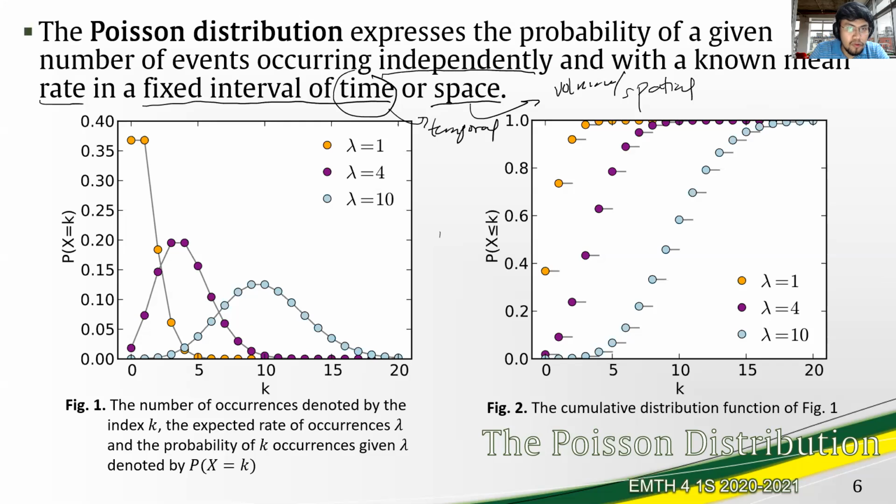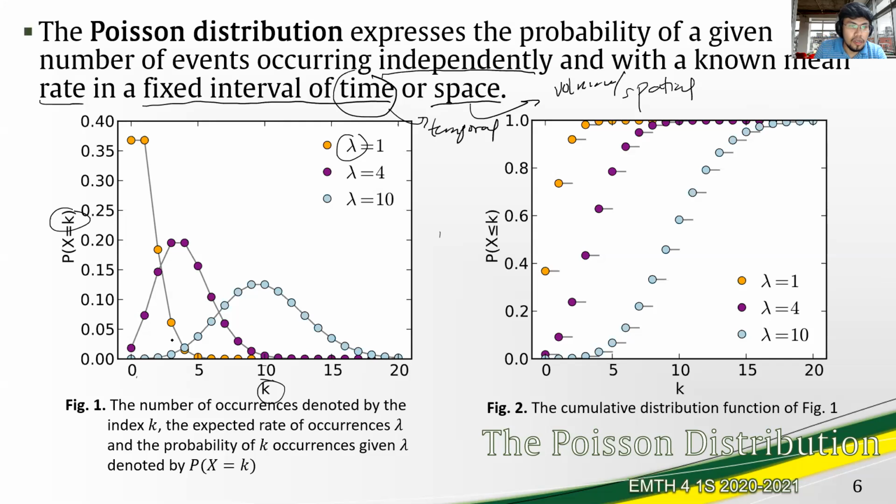In the notation, if you could see the graphs, you have lambda as the mean rate. The events are k, and the function is defined only at integer values of k. So here's k. This is the probability of k.